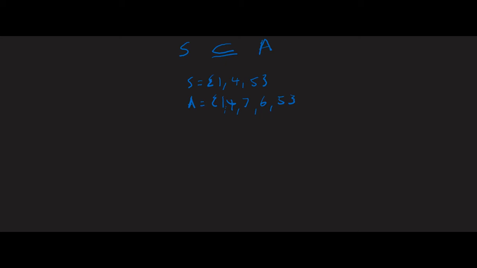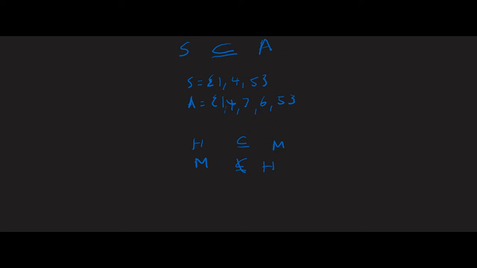So say we take birds and owls, or say humans and mammals, right? So let's denote humans as H and mammals as M. Humans are a subset of mammals because all humans are mammals, right? But mammals are not a subset of humans because not all mammals are humans, right?